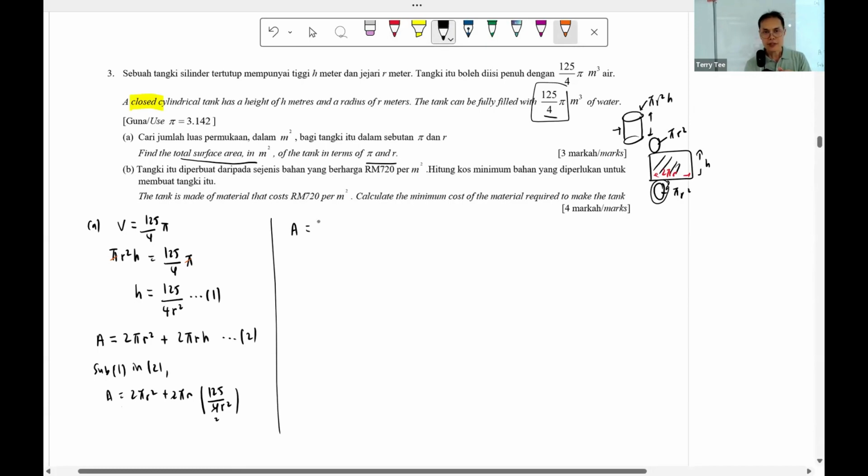So your surface area is 2 pi r squared plus 125 pi over r. Now what happened to this r? Can you see this r and this r squared? You cancel, you're left with r. I still have another 2 below. There you go, 125 pi over 2r.